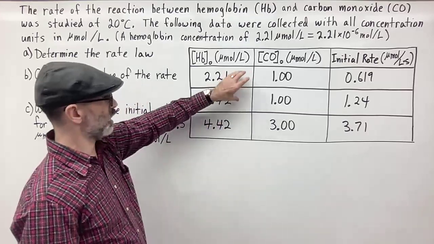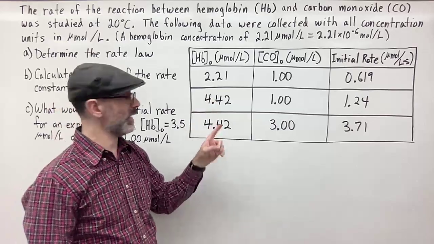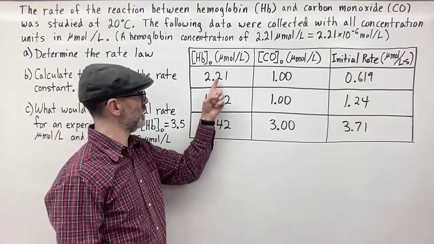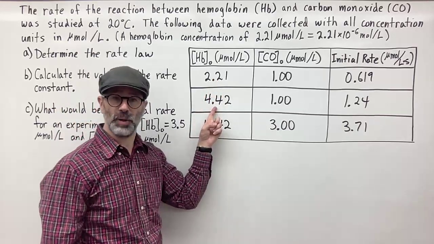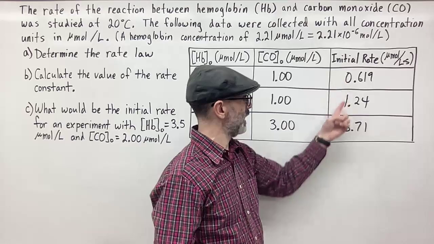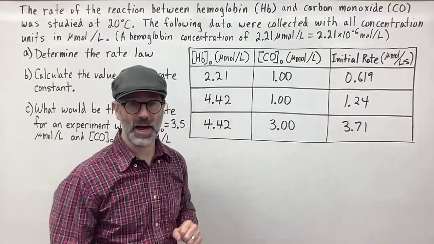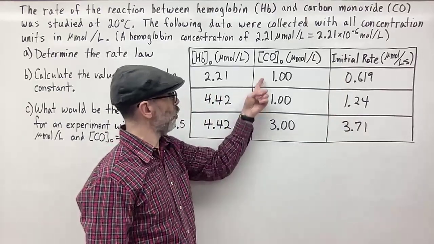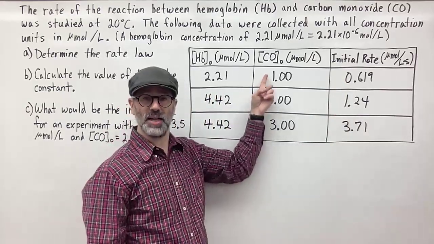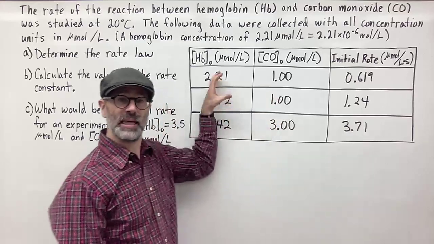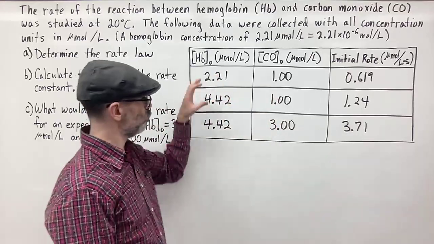So we can compare these two and look at how the initial concentration of hemoglobin affects the initial rate of the reaction. We can ignore the carbon monoxide because that's held constant between these two trials.